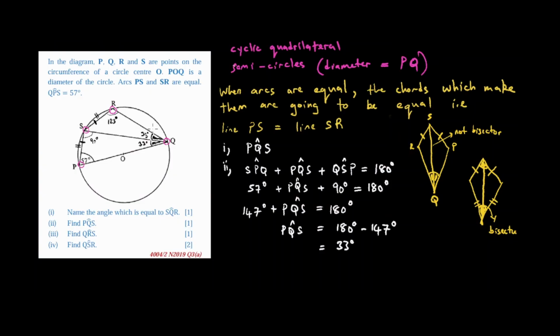Okay. Then let us see, we want to find, for our part 3, QRS. So where is QRS? QRS. So with the calculator, we see that QRS is equal to 123 degrees, but when finding QRS, we said QRS plus SPQ is equal to 180 degrees.